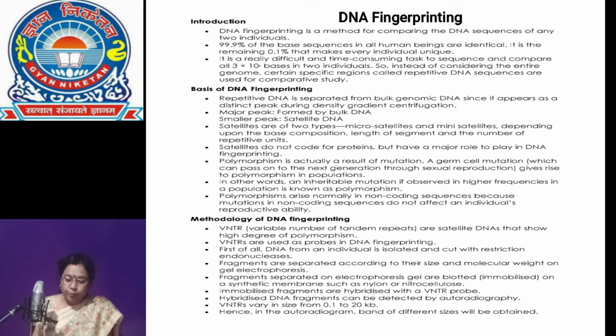Then, by the process of polymerase chain reaction, PCR, many copies are produced. It is called amplification of the DNA. Then the DNA is cut into small fragments by treating with restriction endonucleases. It is also called DNA scissors.